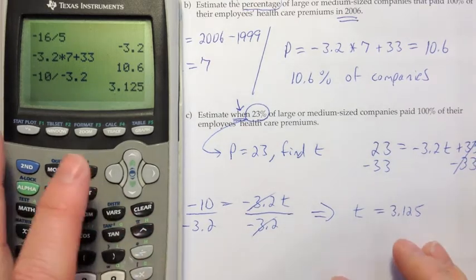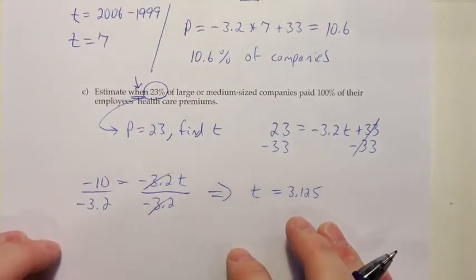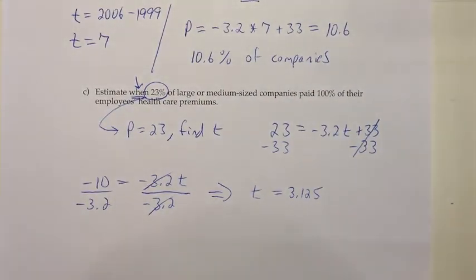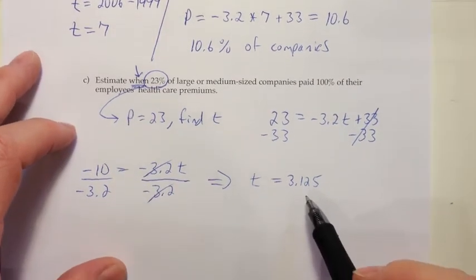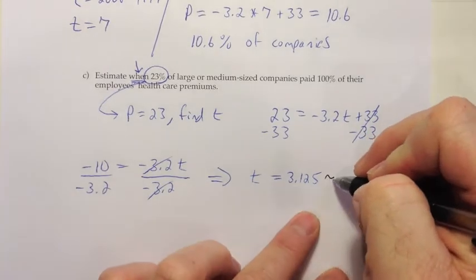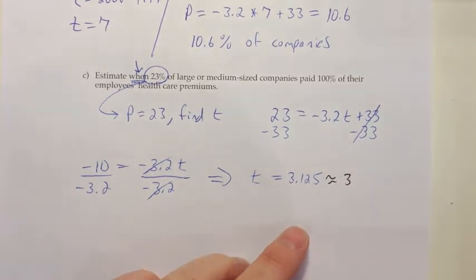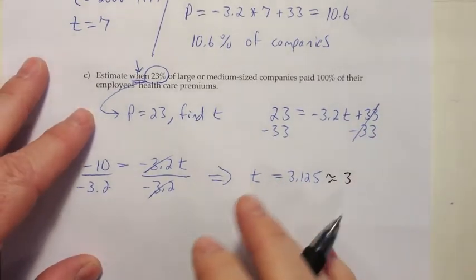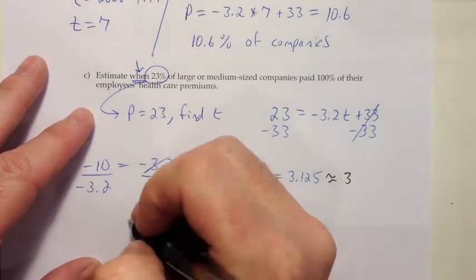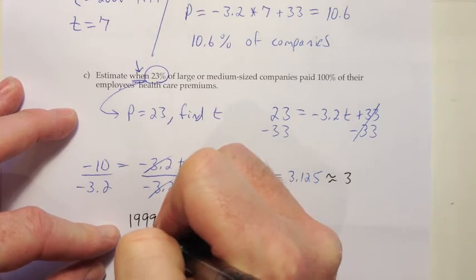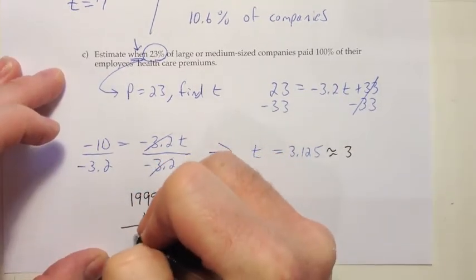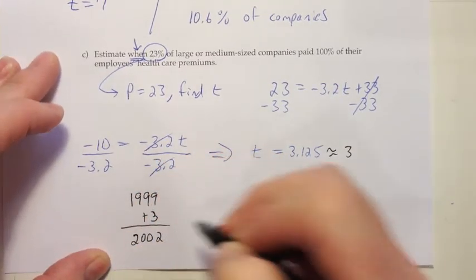It doesn't give us rounding directions on this, but most of these problems that have a question about when, they're talking about what year, and so I would say that this is approximately equal to 3 years later, and that's added on to the starting year we picked of 1999. So I would take 1999 plus 3, that gives 2002.